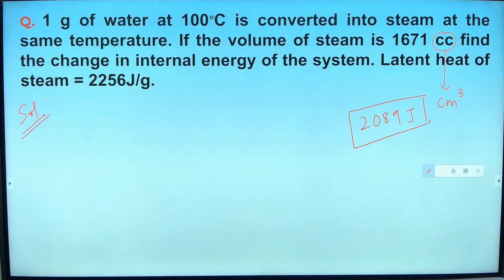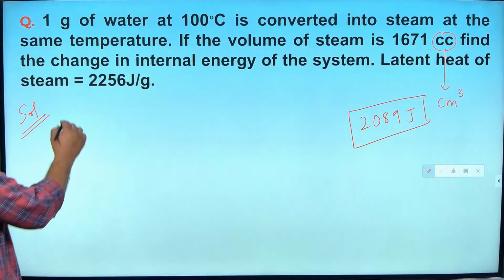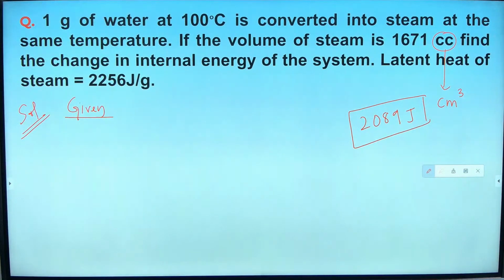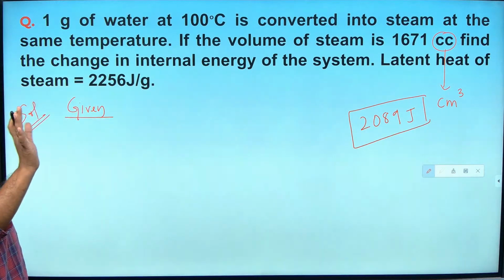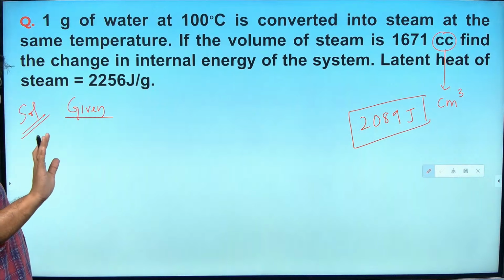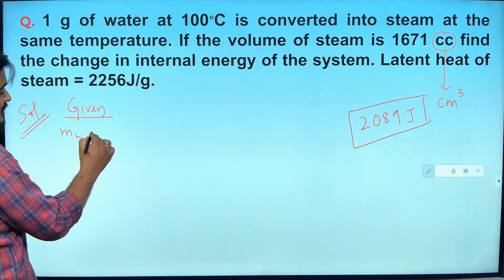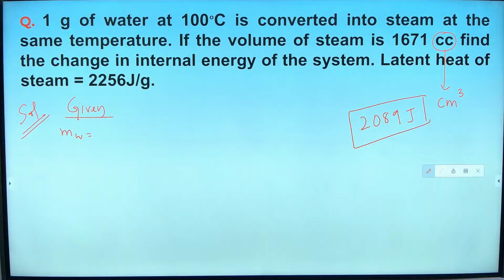Now, Leah Varshini, unmute yourself and tell me what is the given data. What is given in the question? Make it fast. Don't read the question. I am asking for the given data. Make the data into roster form and tell me. Mass of water is given. How much? Leah Varshini, I am unable to hear you.